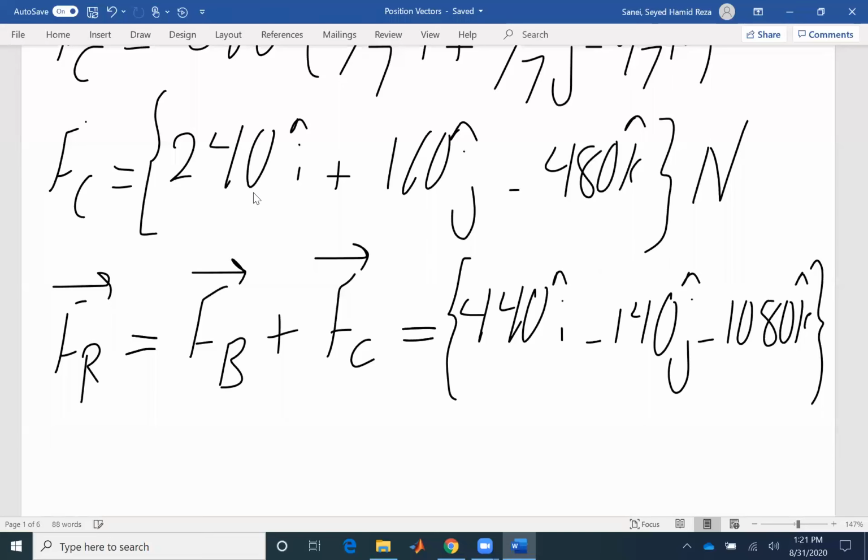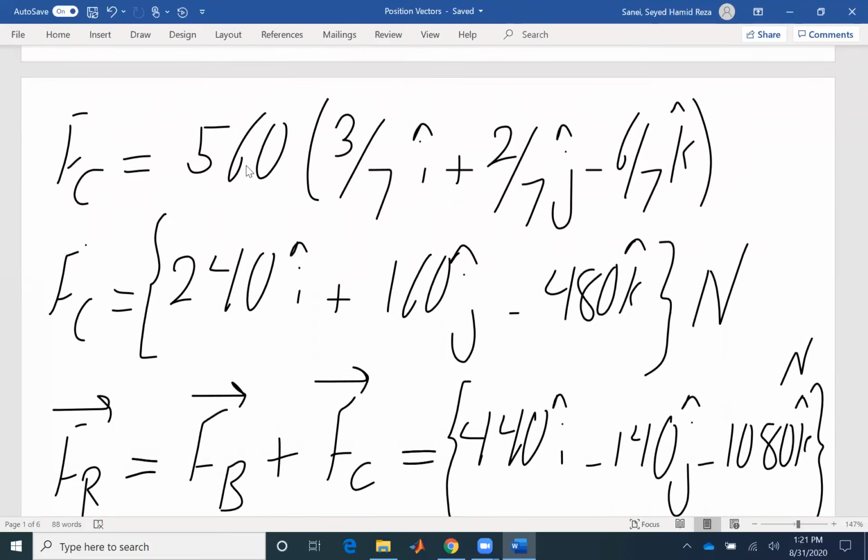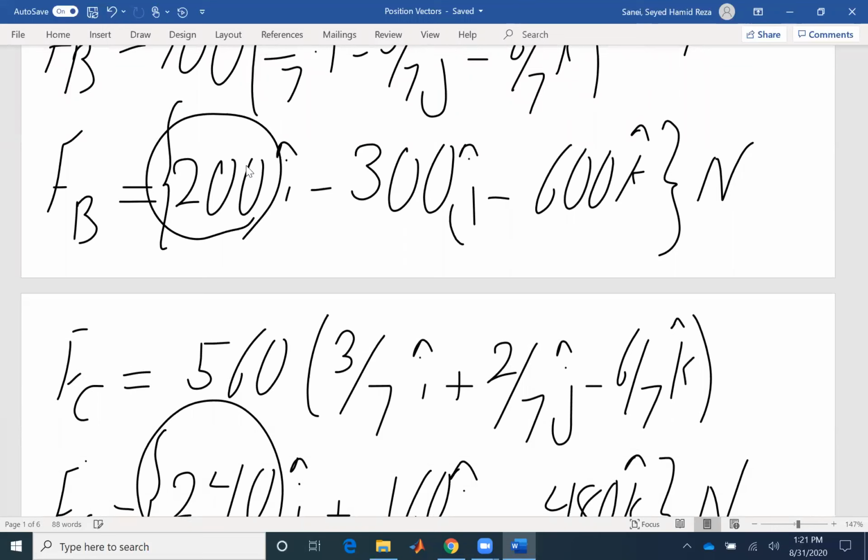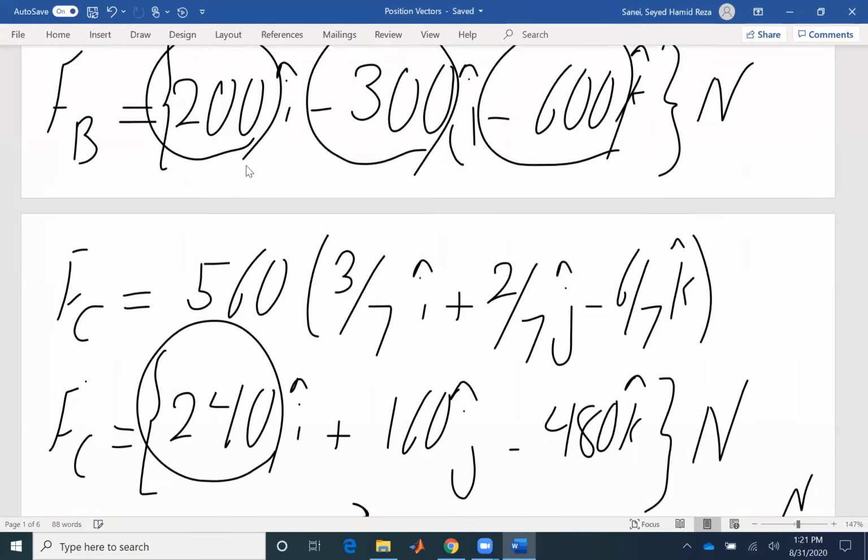It's a force, so the unit is Newton. I just added the components together. I added 240, this component, to 200. Same thing for the other components. Now I have the resultant force.